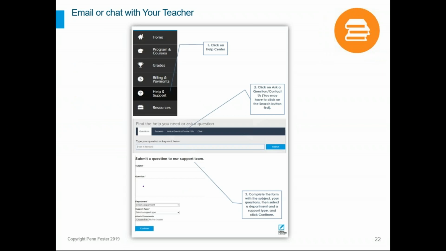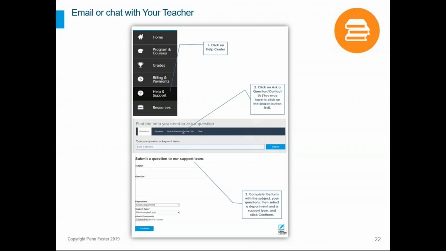How can you email your teacher? It's from the portal. You log into the portal. On the left-hand side, you see those gray tabs. One of them says help and support. You want to click on it. You want to click on the search button first. You may have to do that first, and then when you do that, those 2 options will appear in that banner.